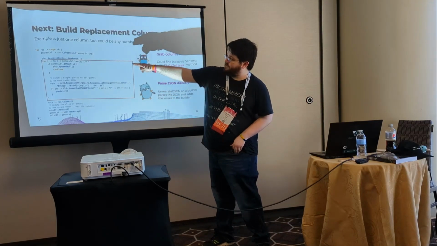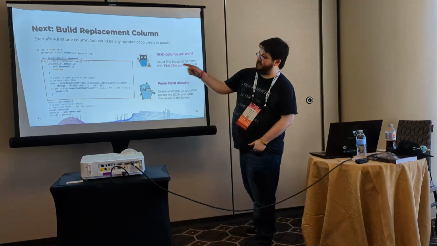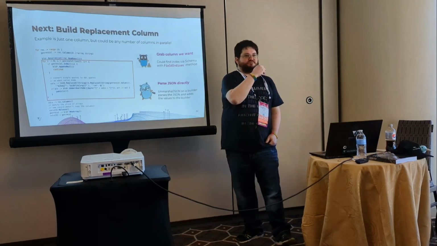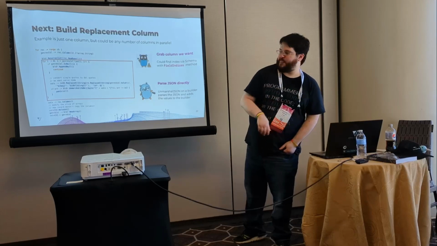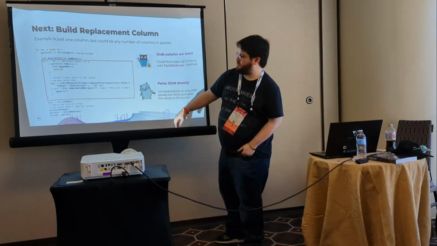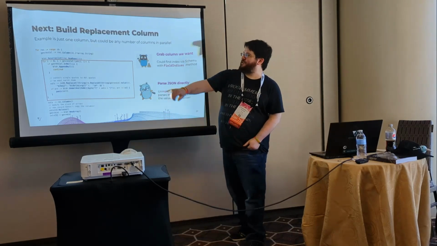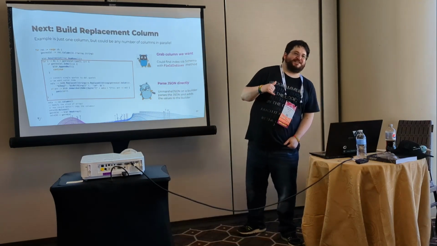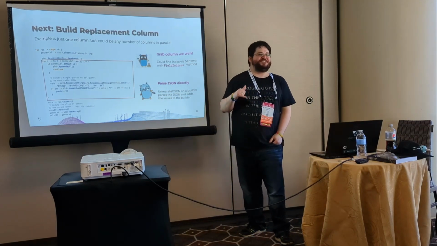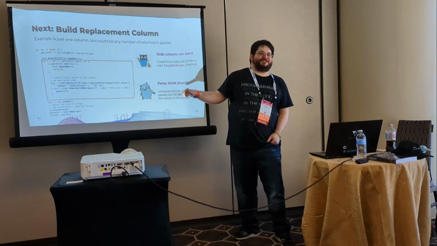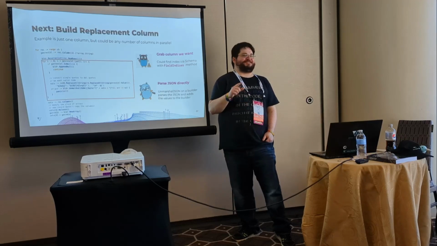So, if the value of that index is null, then just append a null to our builder, go on to the next, cool. If it's not null, there's some cleaning I need to do, because if you'll remember from that slide, it was using single quotes instead of double quotes, and the JSON spec requires double quotes, and Go's JSON reader follows spec, so I had to play with that.